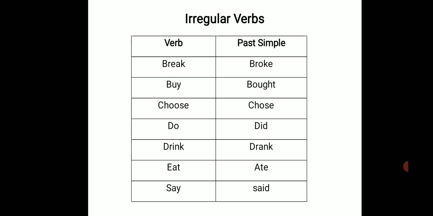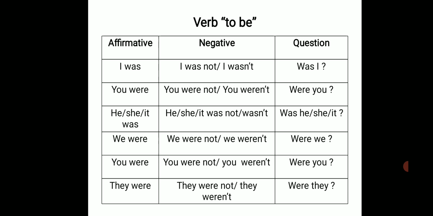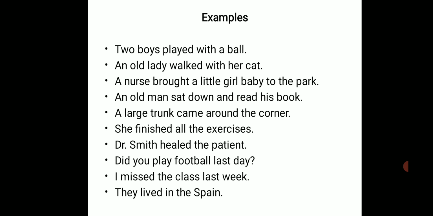Go through this list and observe the change in this table, how the verb is used in affirmative: I was not, and in interrogative it is was I. So 3 types of sentences are used in past tense. Here is this table for you. Go through some more examples.